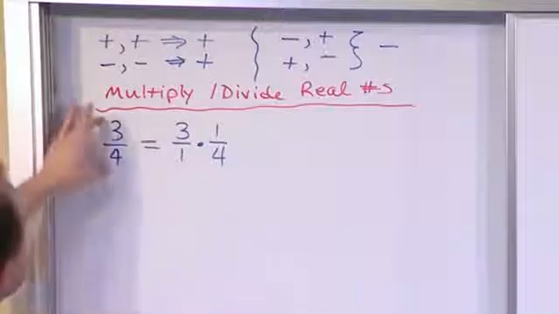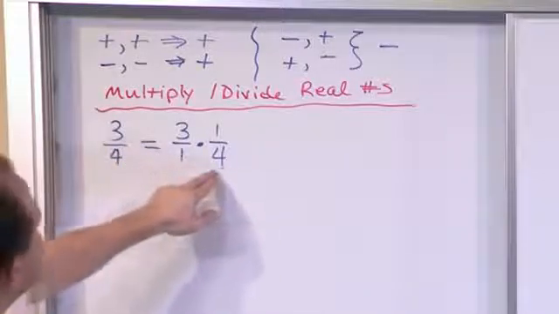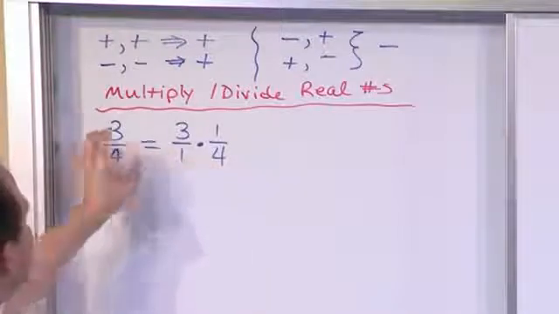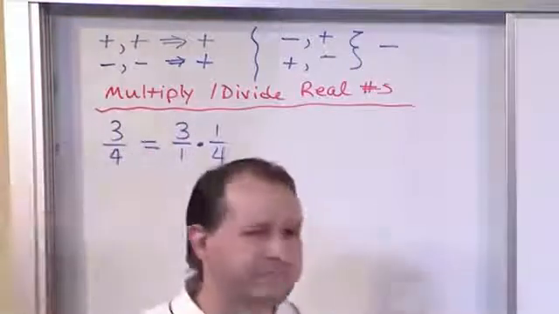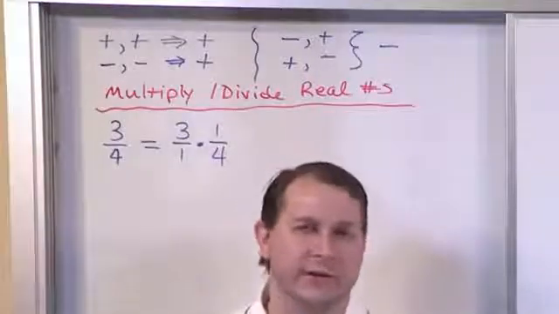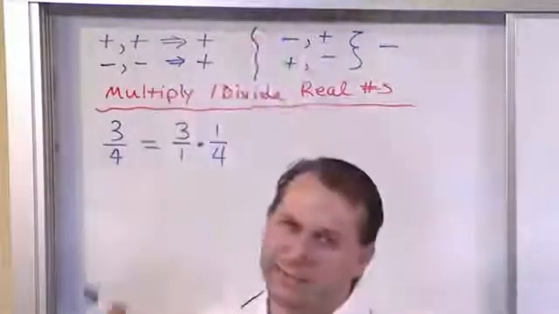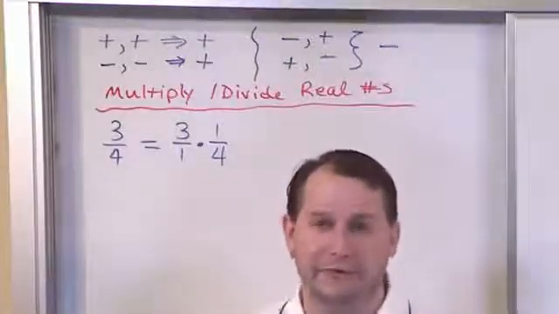So you see, we've taken this division and changed it into multiplication of two things. So really I'm showing you that you can represent division as multiplication, and because you can do that, all of these rules that apply to multiplication also apply to division.